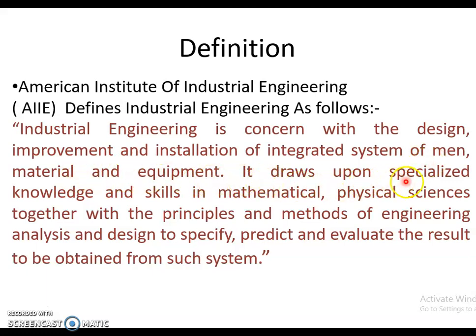It draws upon specialized knowledge and skills in the mathematical and physical sciences, together with the principles and methods of engineering analysis and design, to specify, to predict and to evaluate the results to be obtained from such systems. As we discussed, an industrial engineer should have specialized knowledge and skills in mathematical and physical sciences, so he can use the different principles from these sciences together for engineering analysis and design.